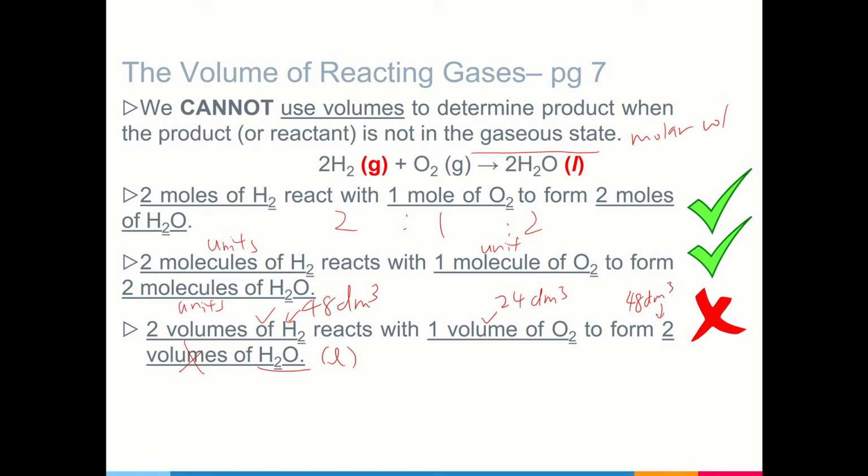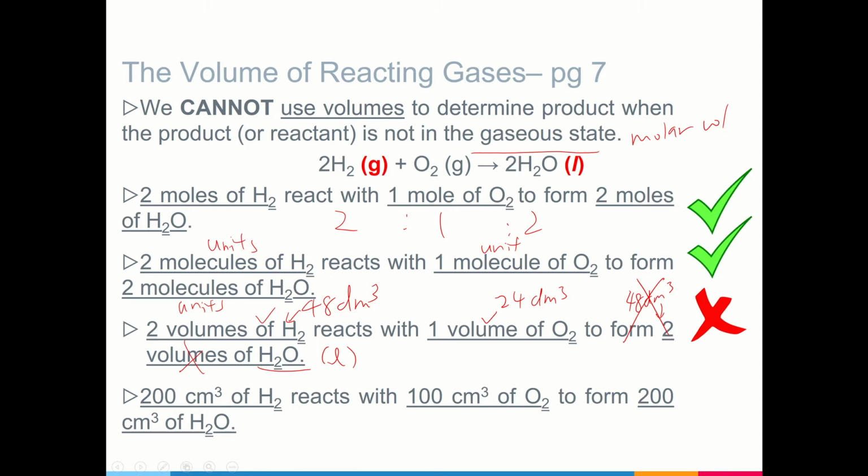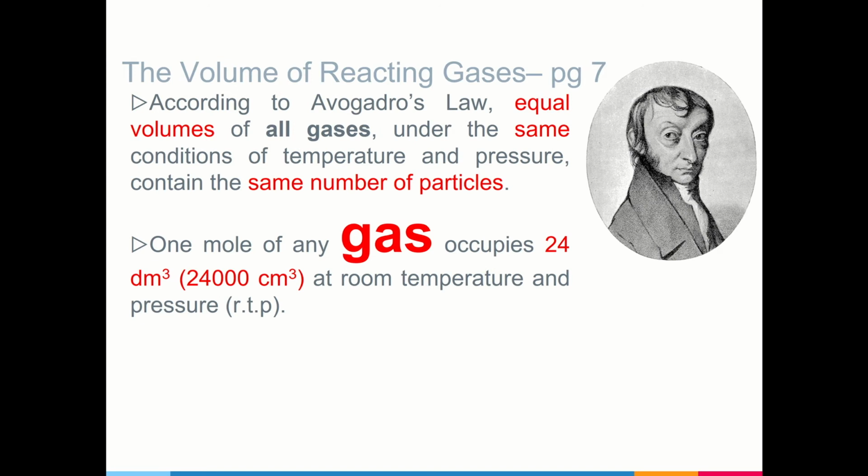It is not right, because my water is not gas. I cannot use molar volume. So if I want to say this, 200 cm cube of hydrogen reacts with 100 cm cube of oxygen to form 200 cm cube of water, this is not correct, because water is not a gas.